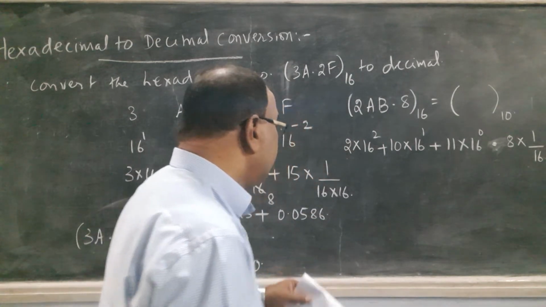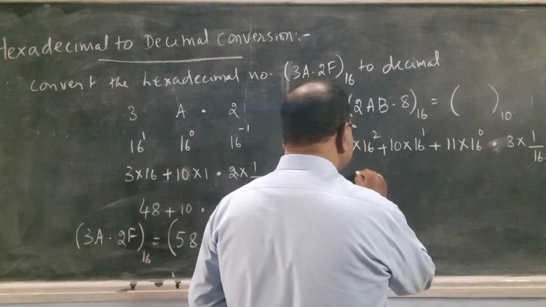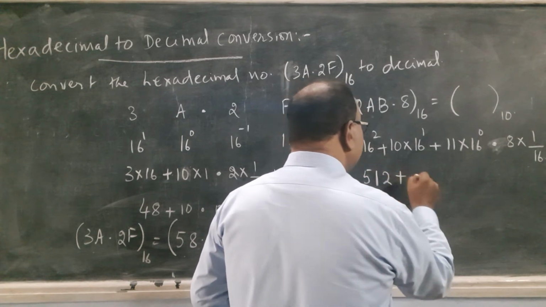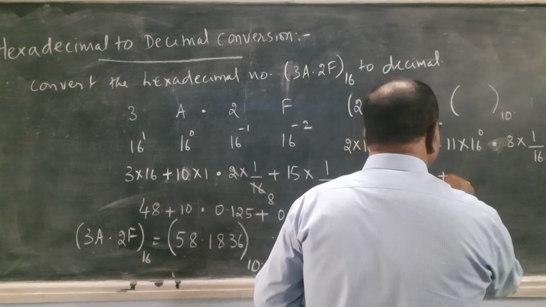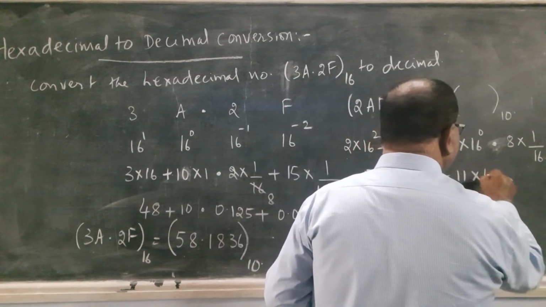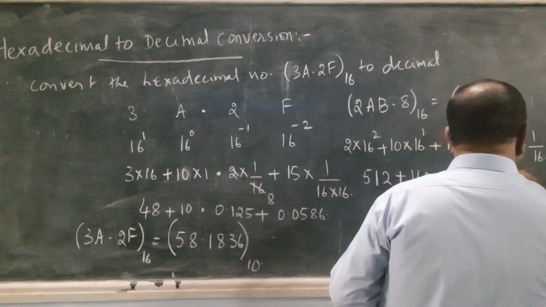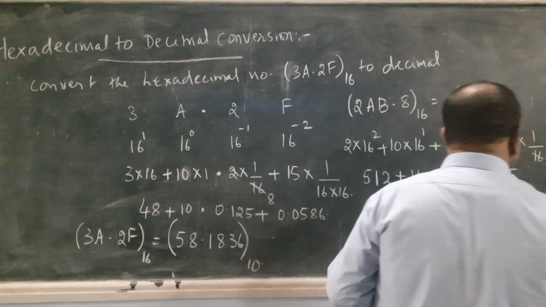So now 16 square is 256 into 2 is 512 plus 160 plus 11 into 1, and this value is 0.5.